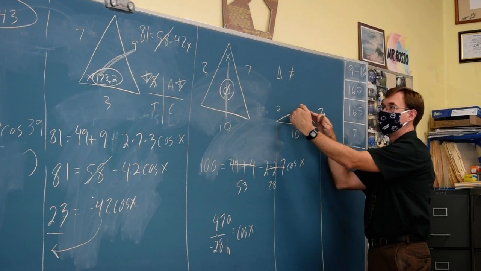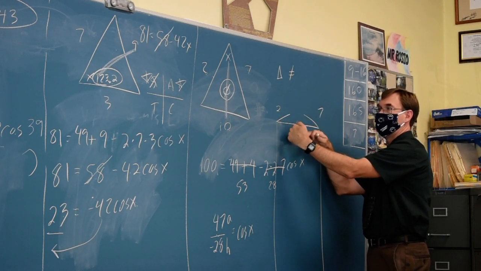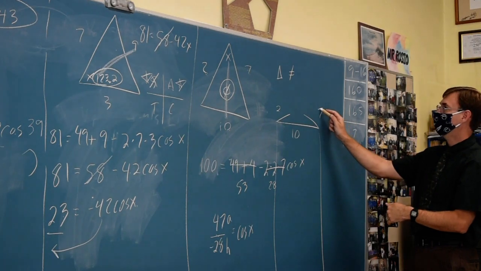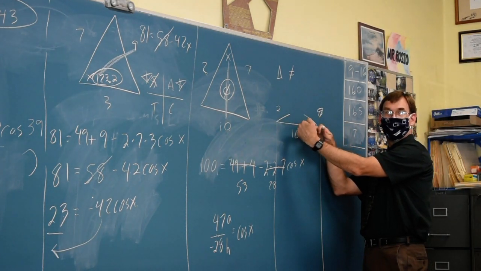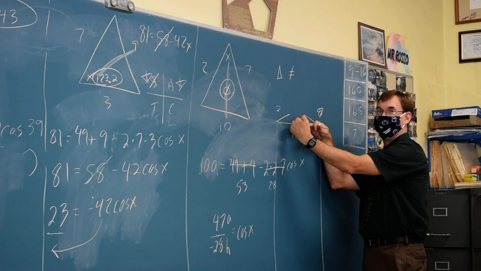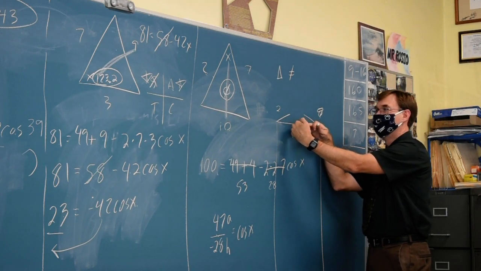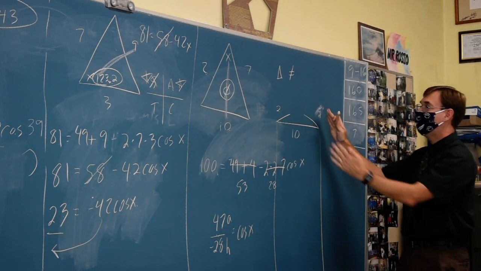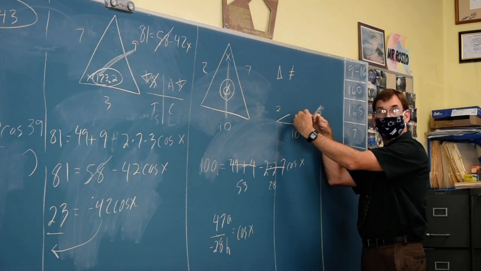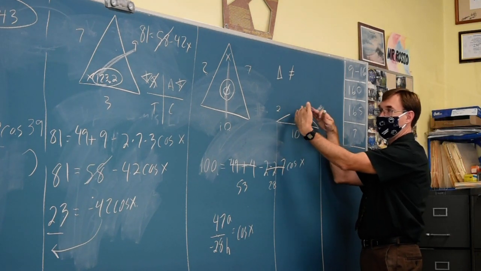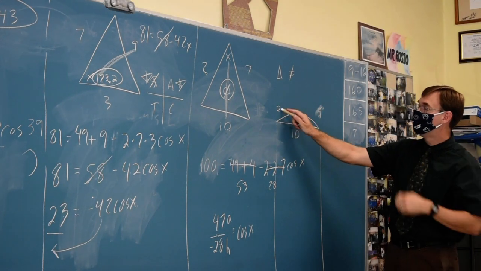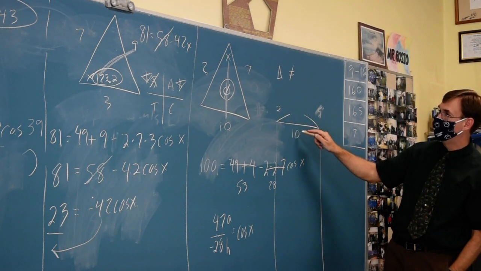You can't even reach each other, no matter how you do it. You could never build a bridge with a 2 and a 7. Could you build a bridge with a 2 and an 8? And some duct tape? Yes. I guess so, but that'd be tenuous at best. If they did a 2 and a 9, you could actually lean the boards together and fasten them up and have a legitimate bridge that made a triangle kind of shape. But two of the sides have to add up to always beat the third.